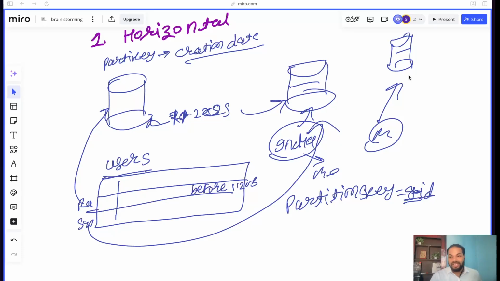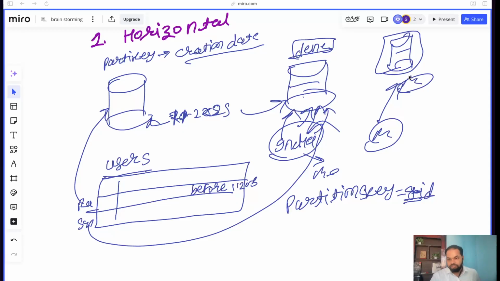Because India has a lot more people than the US, this database is going to be very heavy with traffic, since all the requests from Indians will go to this particular database. Because the density in India is greater, it will feel more overhead than the American one. That is the problem with it.